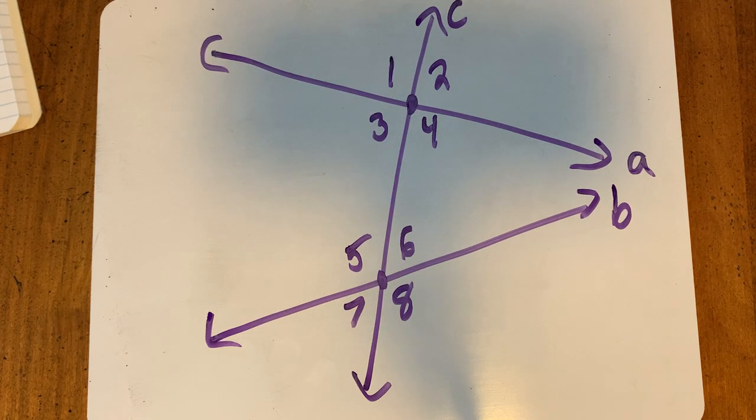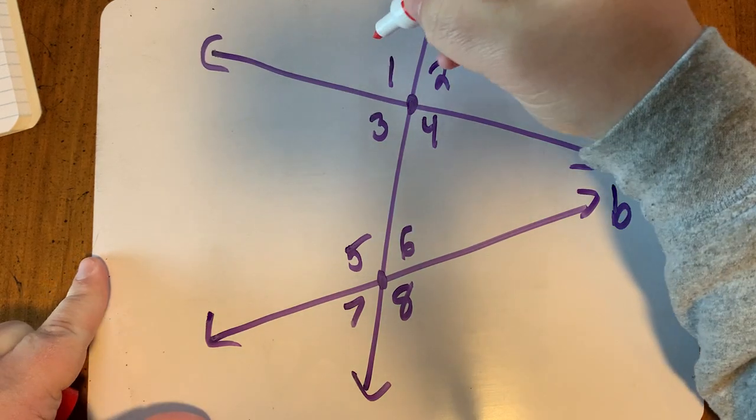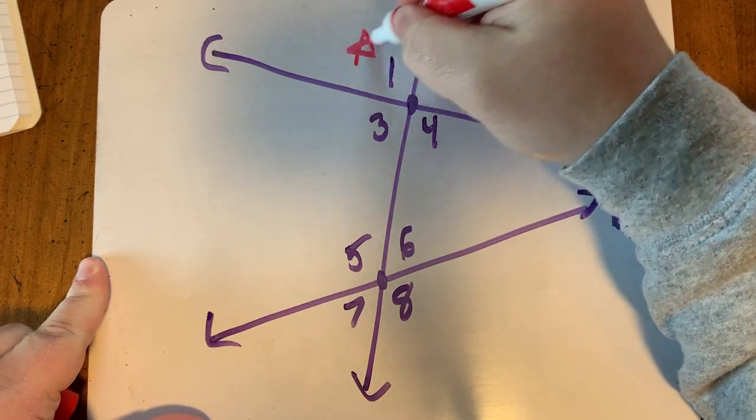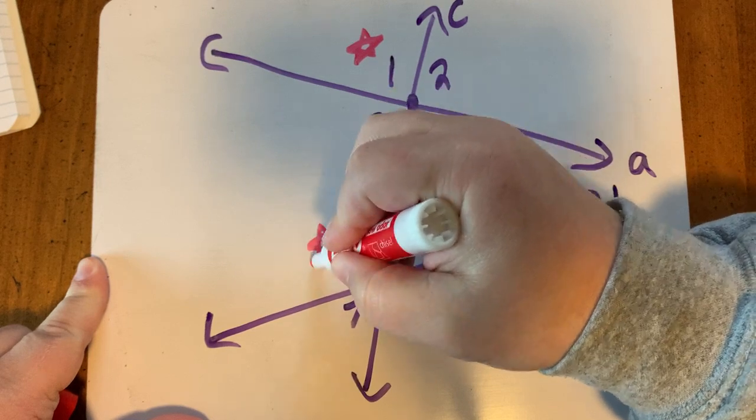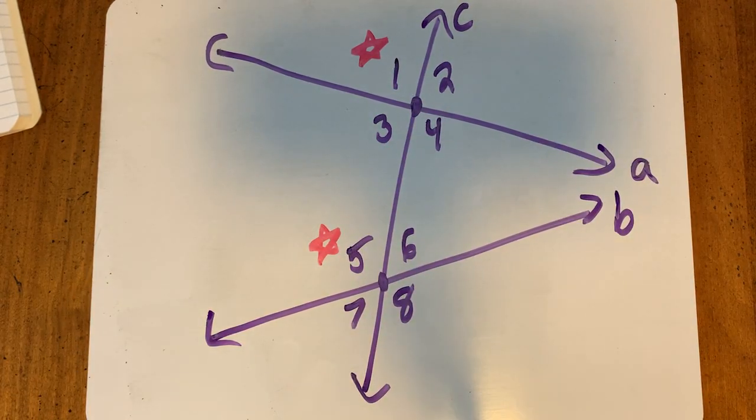One of those relationships is like angle 1 to angle 5. Now we can classify that relationship because they're in the same relative position with respect to their vertex.